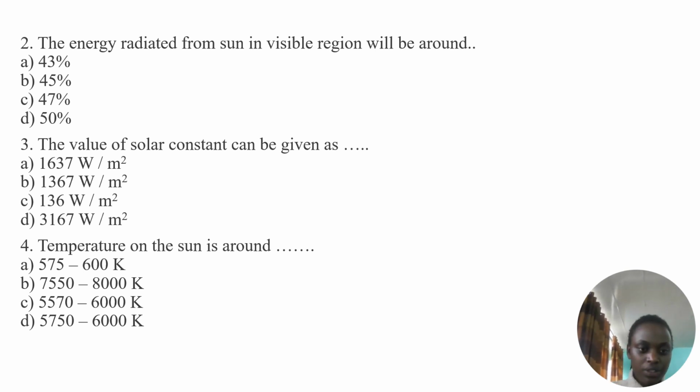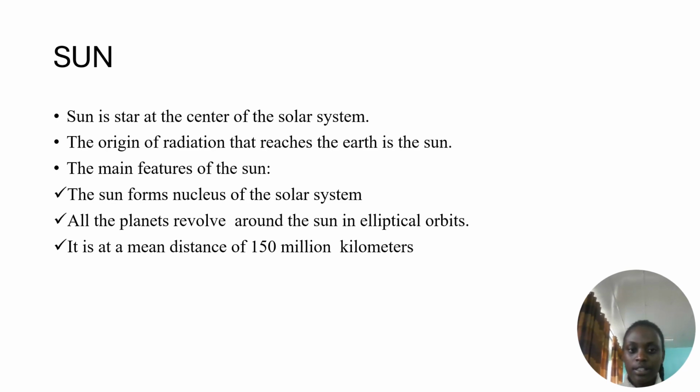Then we will see the value of the solar constant. You can ask yourself what the solar constant is. Then we have the temperature of the sun. You can ask yourself what the temperature of the sun is.